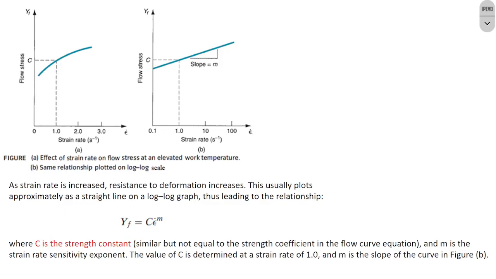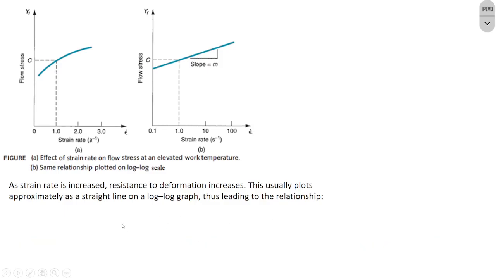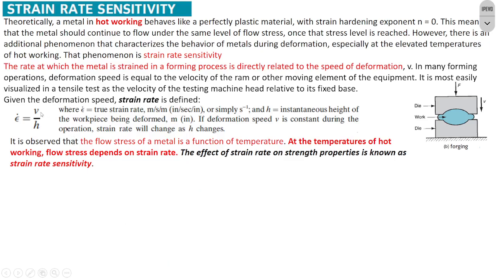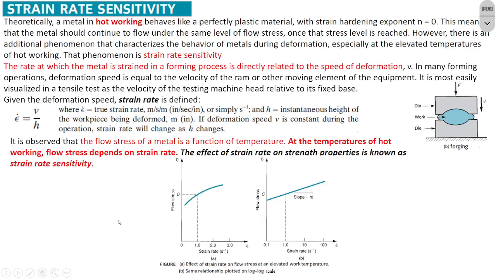We have again an equation. Flow stress is equal to a constant times the strain rate to the power m. Pay attention to the dot: it is not strain but strain rate. What is strain rate? The deformation speed divided by the instantaneous height, or instantaneous thickness.